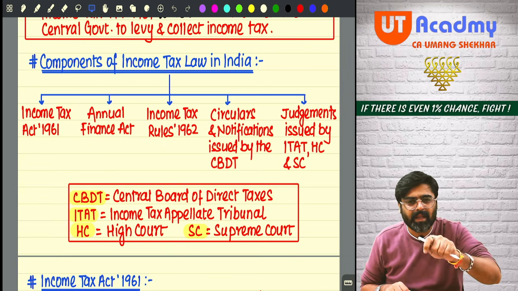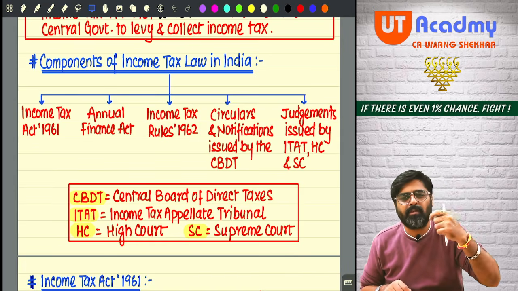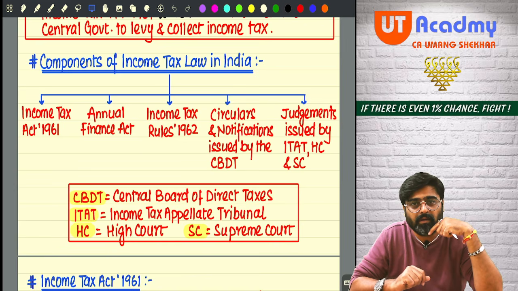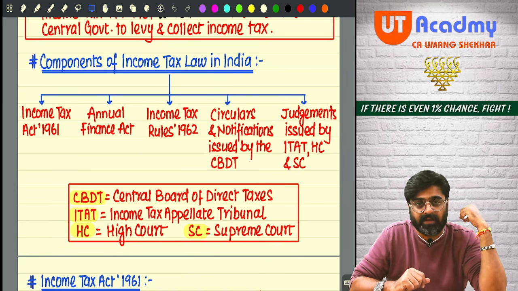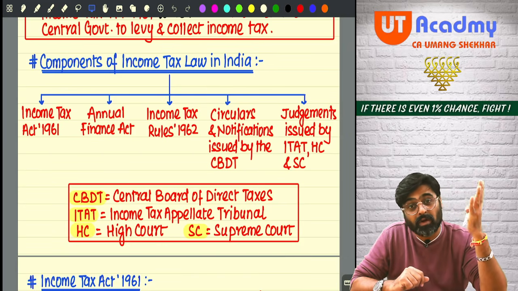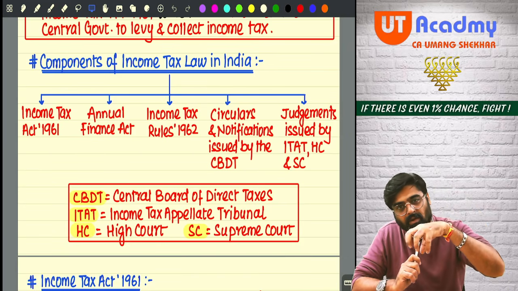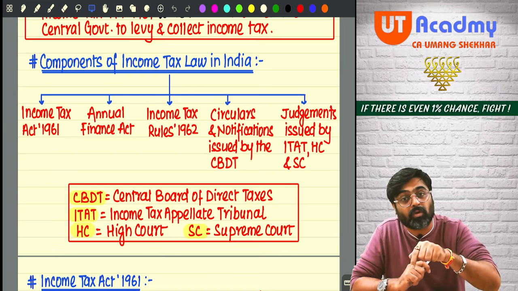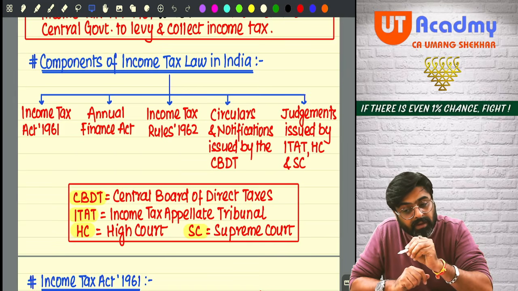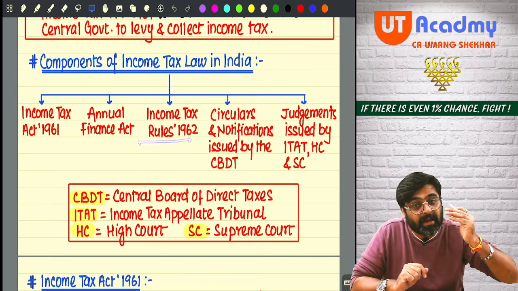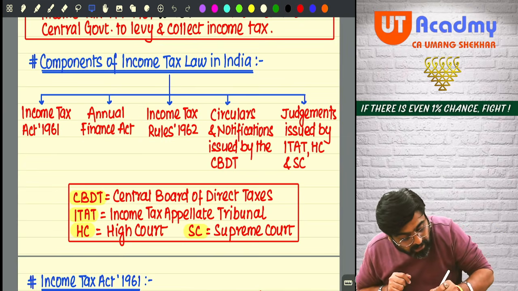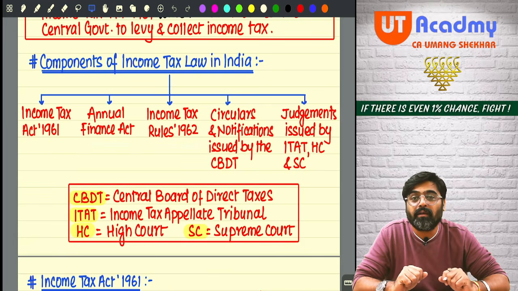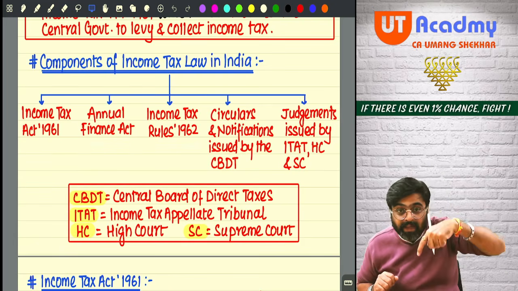And then in some sections, there might be a different interpretation, or in order to properly understand what a particular provision exactly wants to say. See, if I read this much, then my interpretation is different. If I read this much, then my interpretation becomes a little bit more different. What does the court have to say about this provision?